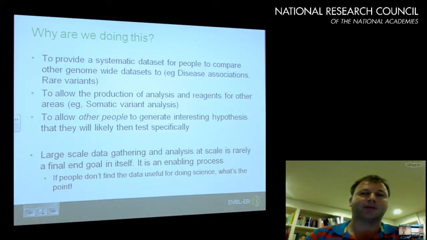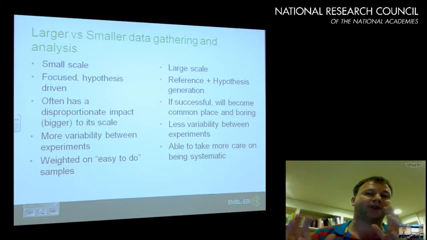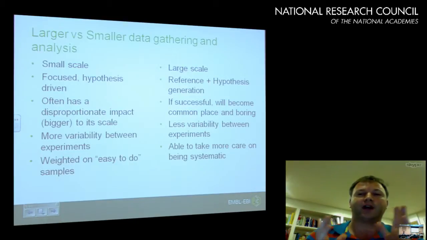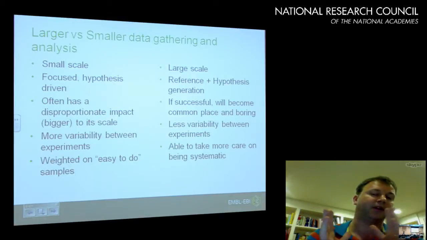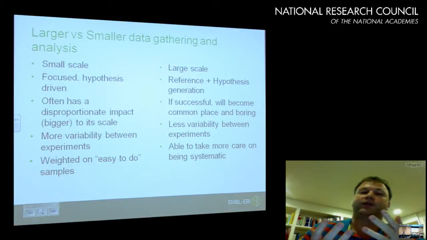So just to emphasize that point, on slide 5, I've given some things which are different between a smaller scale approach and a larger scale approach. For me, it's very important to realize that although there are tensions between these approaches, I have always discovered that it's when those tensions are translated in a productive way that I find the best science occurs.